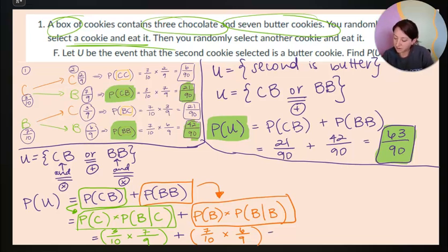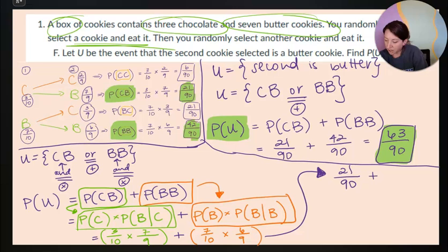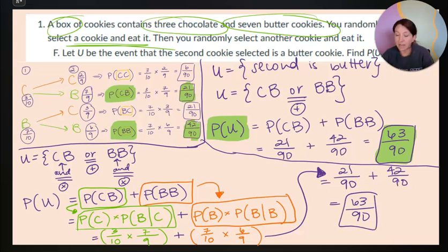Okay, so 3 out of 10 times 7 out of 9 would be 21 out of 90. And we are adding 7 out of 10 times 6 out of 9, which would be 42 out of 90. So we would get 63 out of 90.